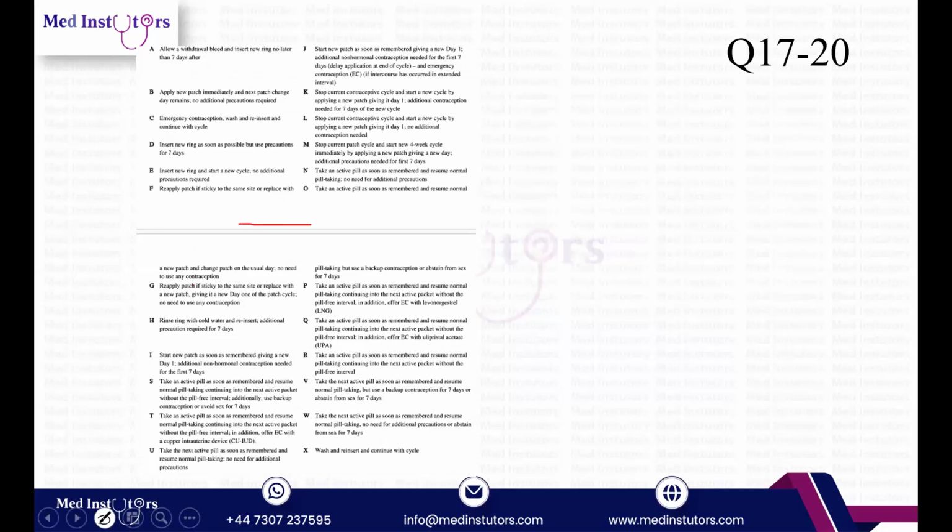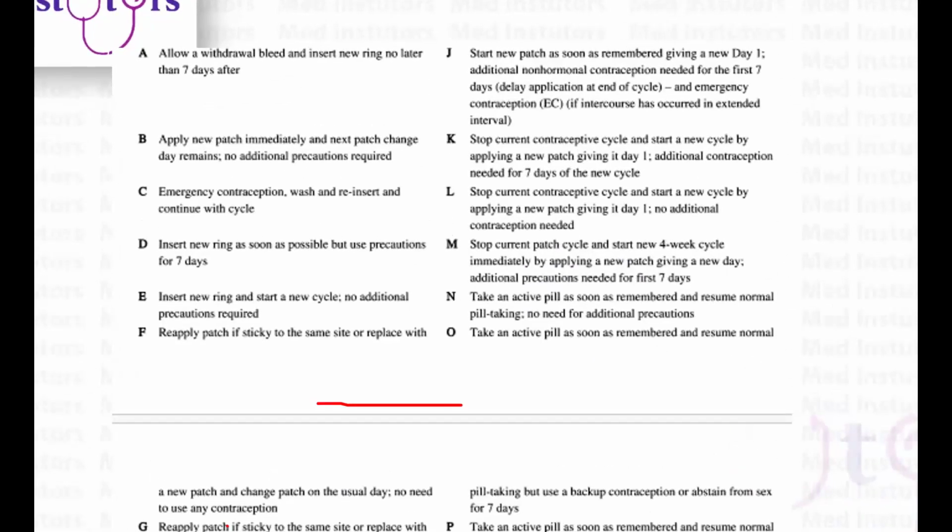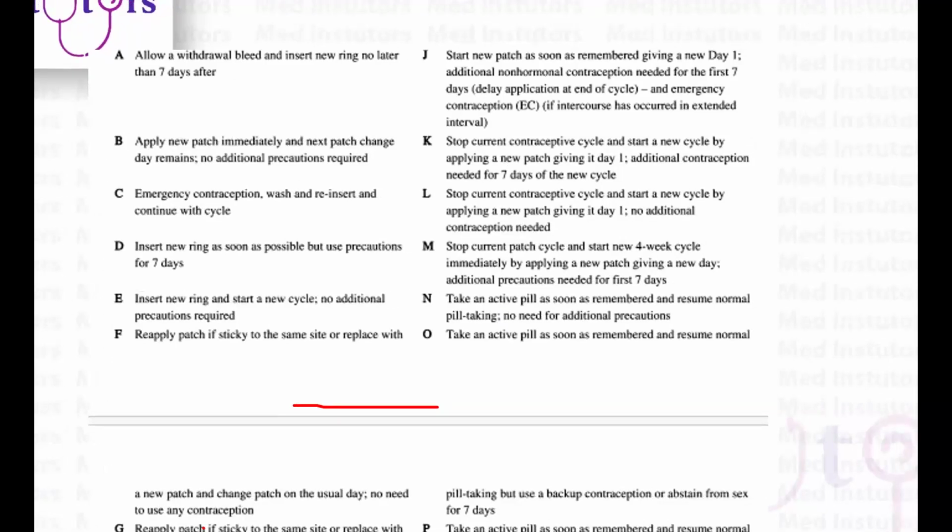So now the first thing that we know is that the patch has fallen for 48 hours, right? 36 to 48 hours. Emergency contraception plus new patch plus additional contraception for 7 days.